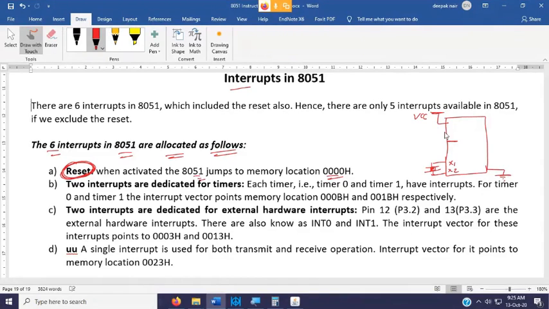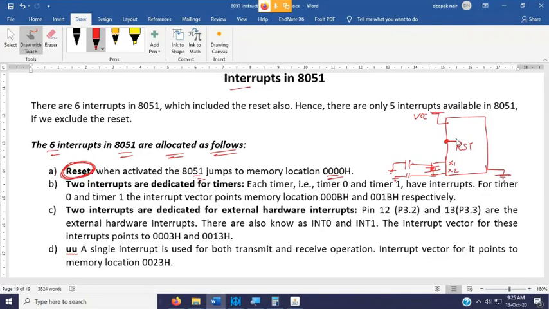There will always be the RST pin, the reset pin, which should be either always kept high or always kept low. For the crystal we generally use capacitors also, each going to ground. But reset is generally kept either high or low depending on the behavior of the IC itself.